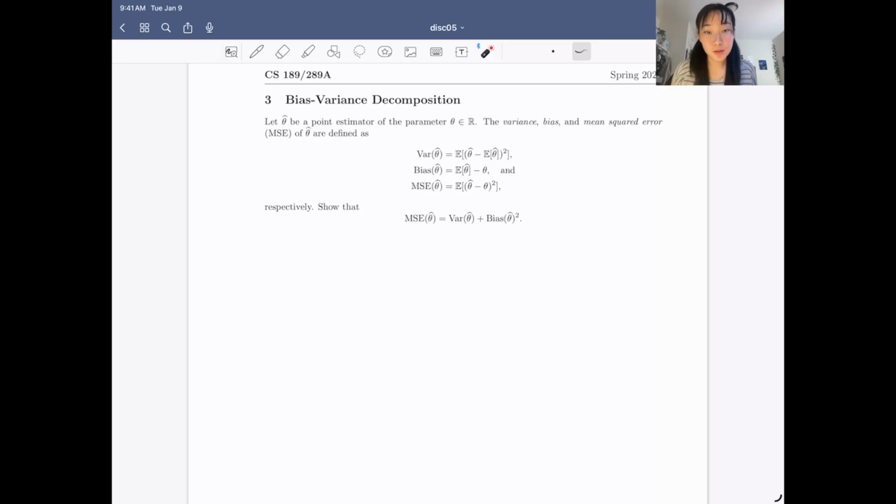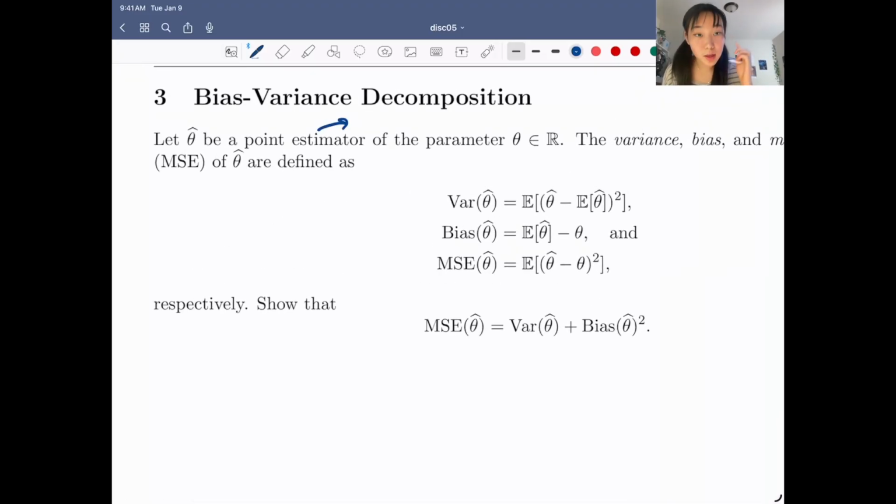Now, before we dive into this question, I want to do some quick clarifications on values and notation. When we talk about a point estimator, I think it's pretty important you conceptually understand what a point estimator is. So this point estimator is essentially trying to estimate the true theta, right? But how do we estimate the true theta?